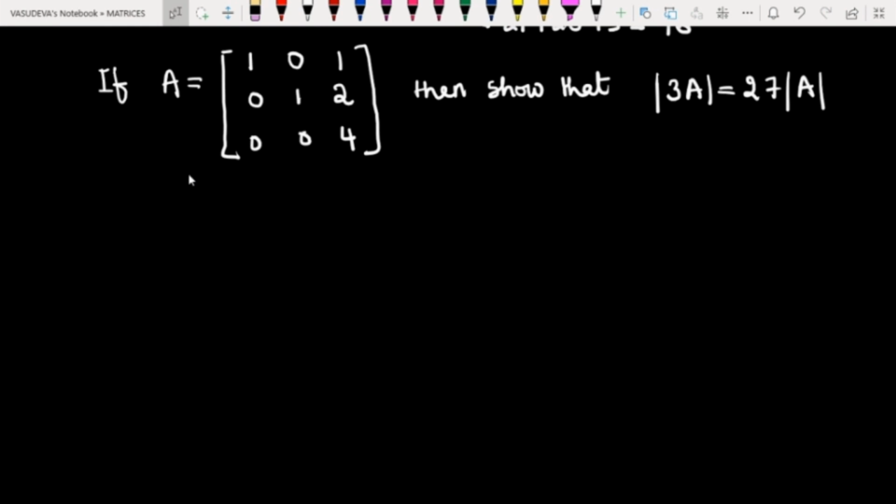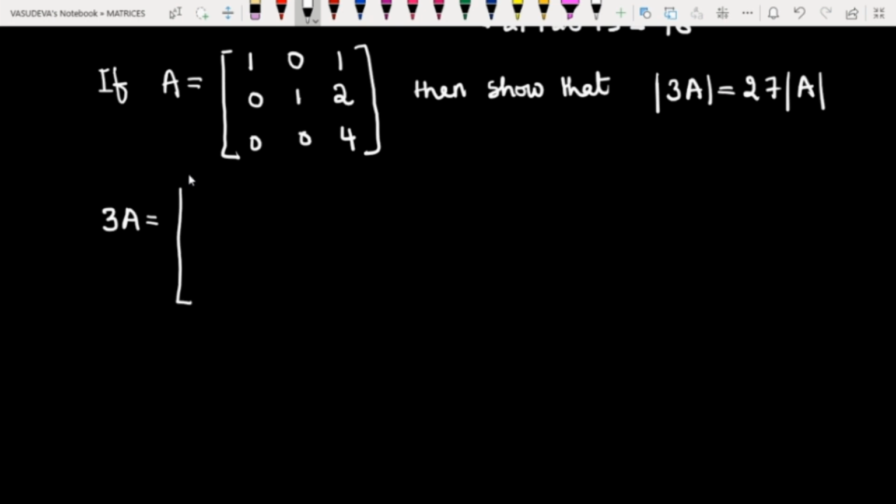Now consider this problem. If A is the matrix 1 0 1, 0 1 2, 0 0 4, then show that the determinant of 3A equals 27 into the determinant of A. Since we need the determinant of 3A, we consider 3A, which is scalar multiplication of the matrix A by 3.